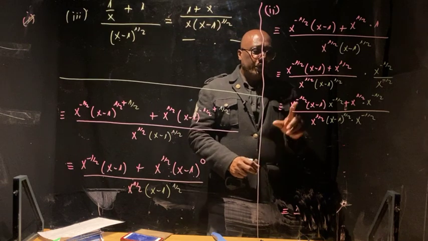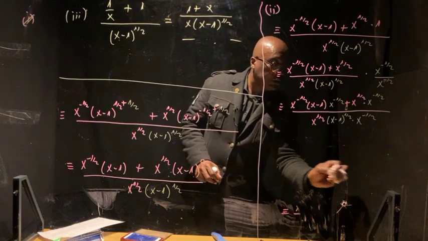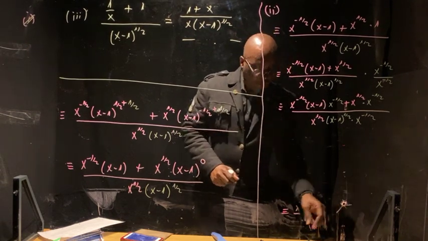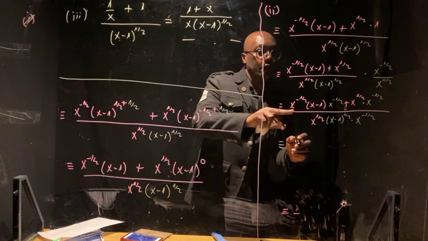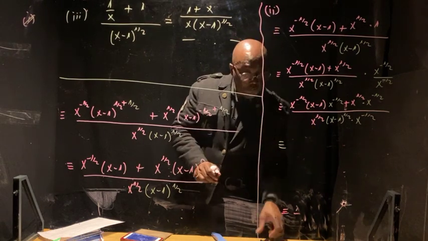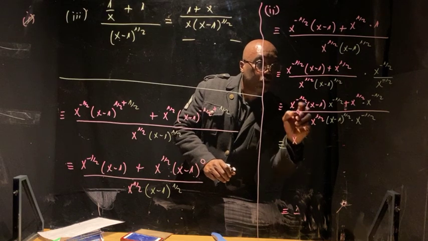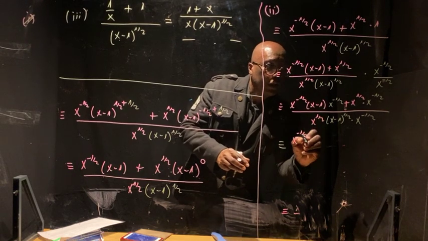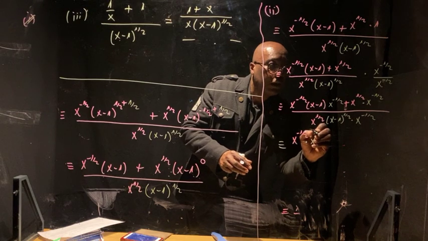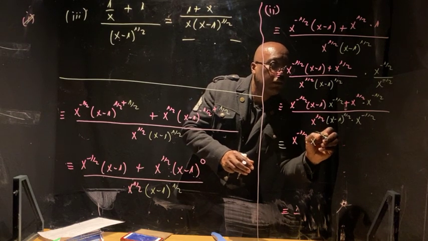I think there was a mistake over there, which we have to clean up. So this one is equals to x raised to the power negative half. I'm bringing this one here to make x raised to the power negative half.